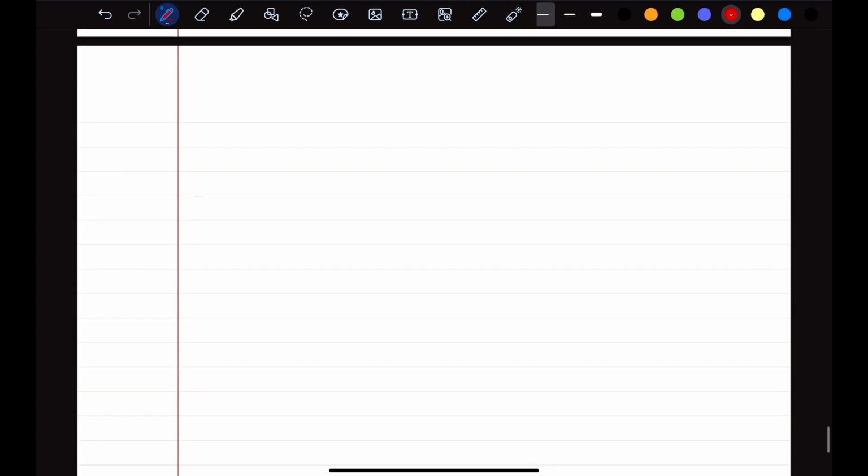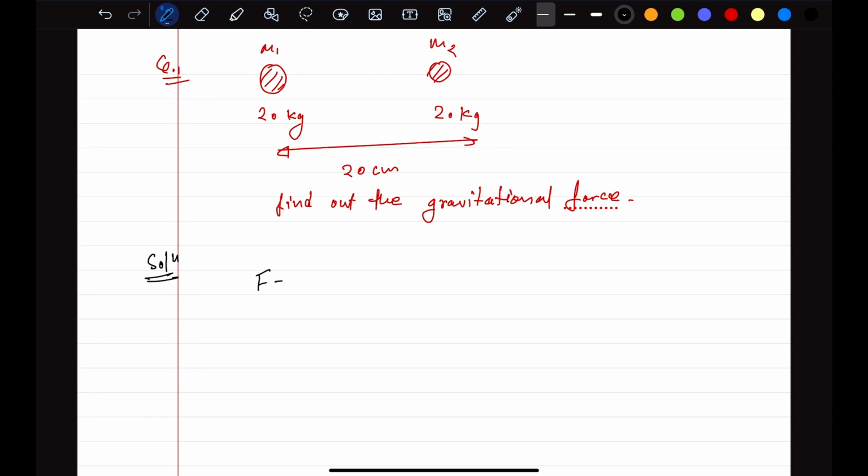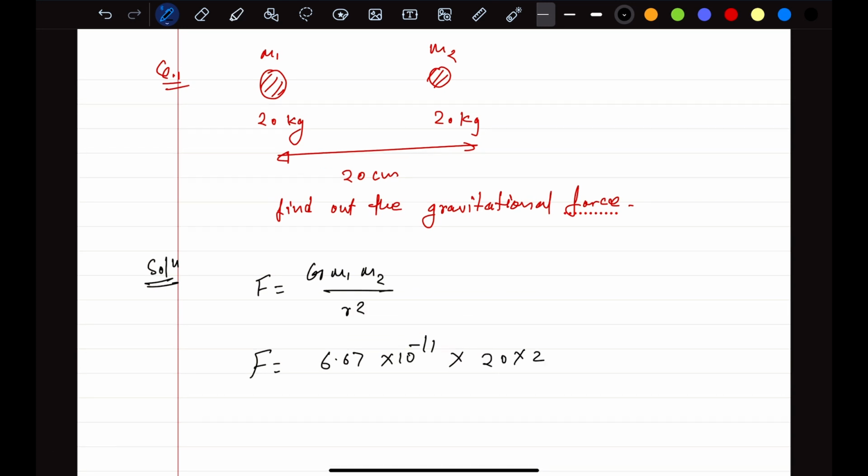Now let's move to the question. Let's say there are 2 point masses m1 and m2. The masses are 20 kg and 20 kg. The distance between them is 20 centimeter. Find out the gravitational force between them. So the gravitational force will be F equals G m1 m2 divided by r square, right? That is 6.67 multiplied by 10 to the power minus 11, and m1 m2 we need to place in SI units, so 20 multiplied by 20 kilograms.